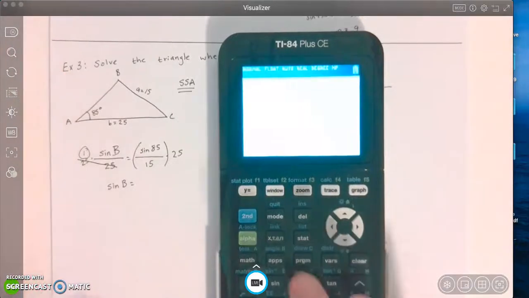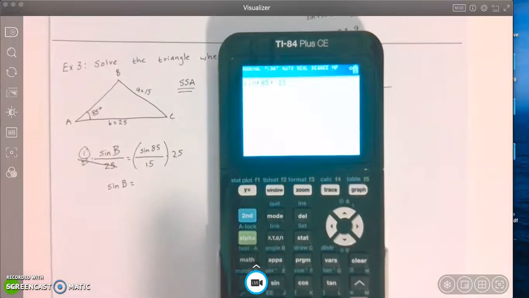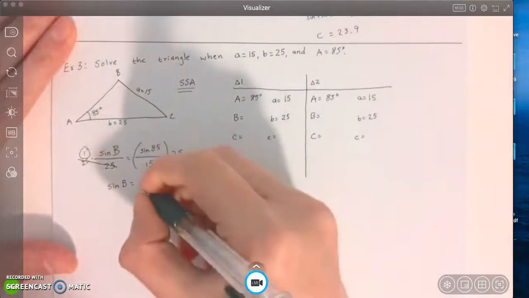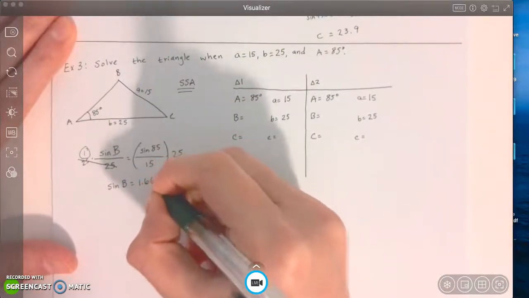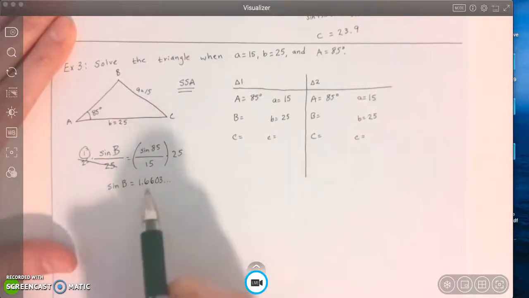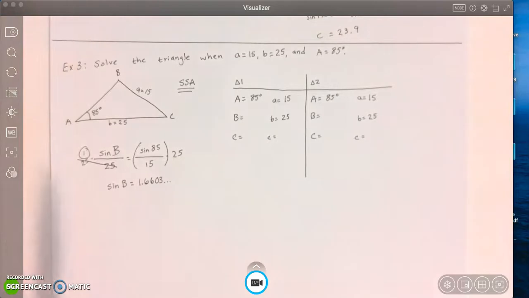So I have sine of 85 degrees divided by 15, and then I'm going to multiply by 25, and I get sine of B is 1.6603, and so on.